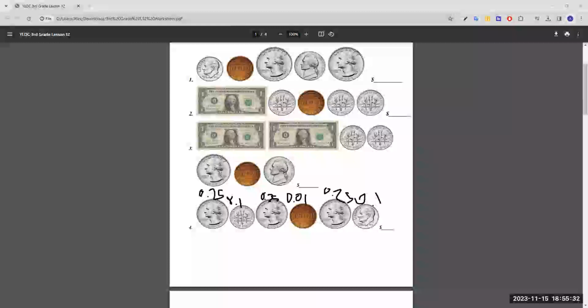Adding the 3 quarters together, we'll do 25 times 3, which is 0.75. And then we have 2 dimes, so we add 20 cents. So that'd be 0.95. And then we still have this 1 penny here. So this 5, we add 1, so that'd be 0.96.